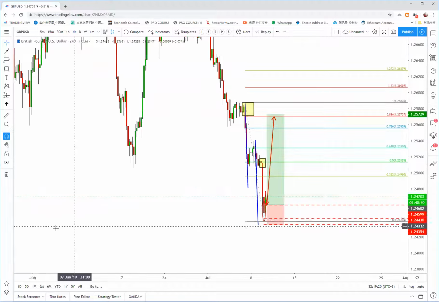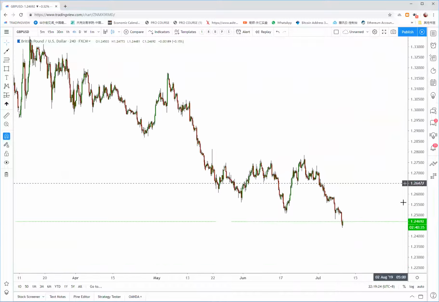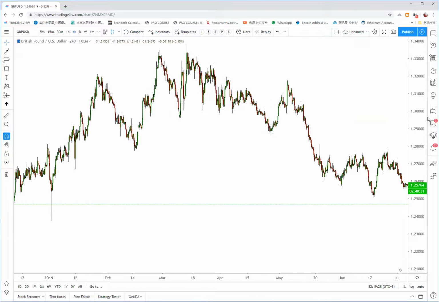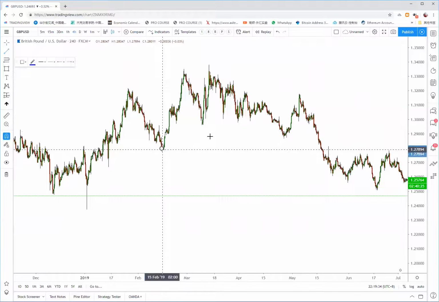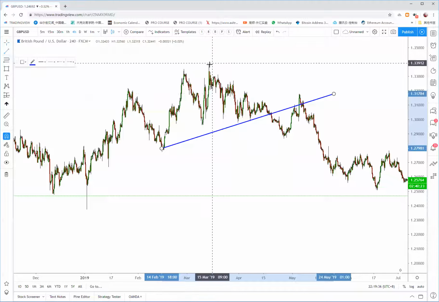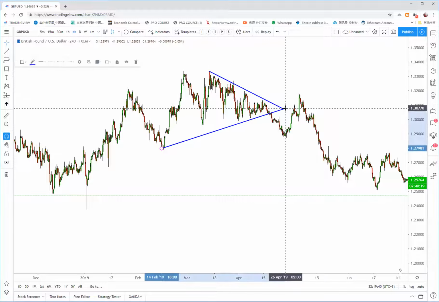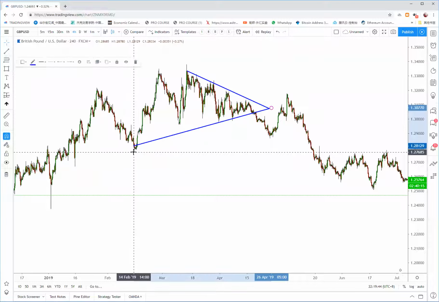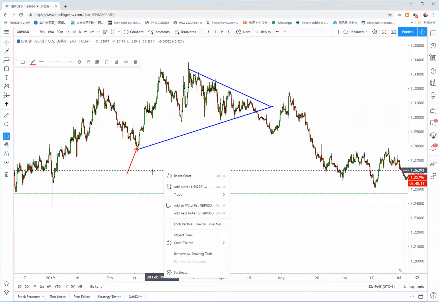In the 4-hour chart, let's see from another view. Note that sterling has formed a big triangle from here. This is a very big triangle, and the triangle broke and retested, then fell down, and we have this very specific pivot.